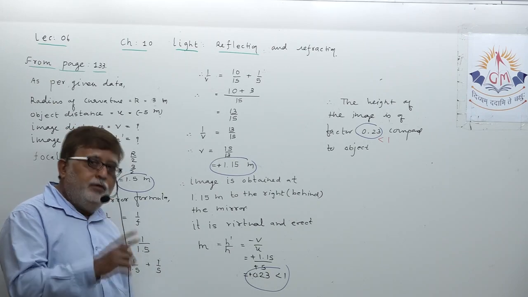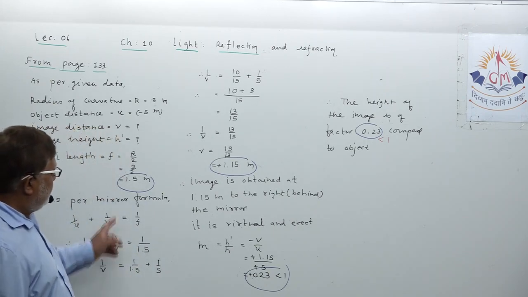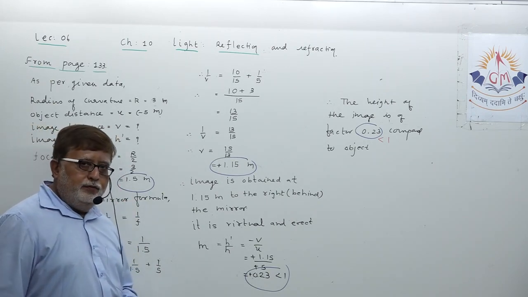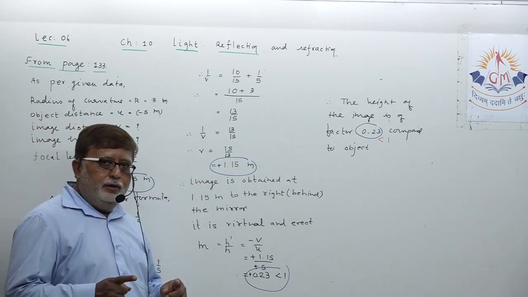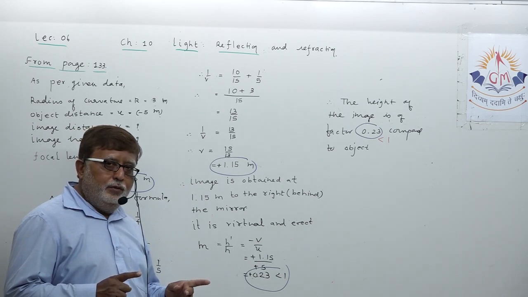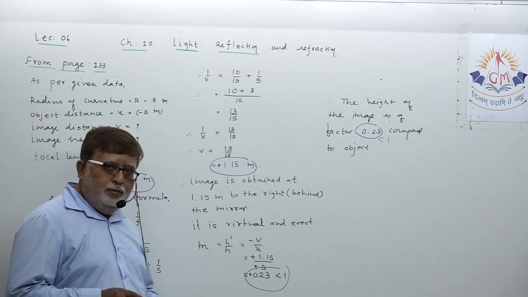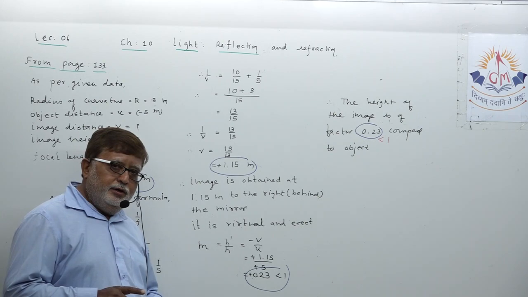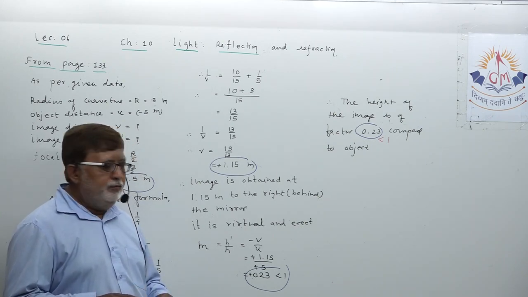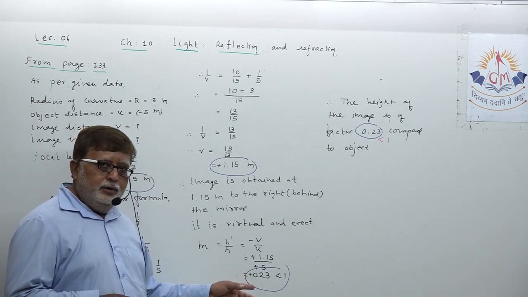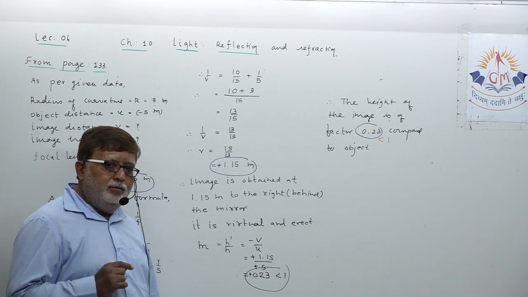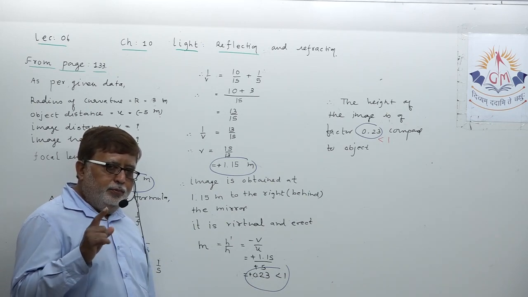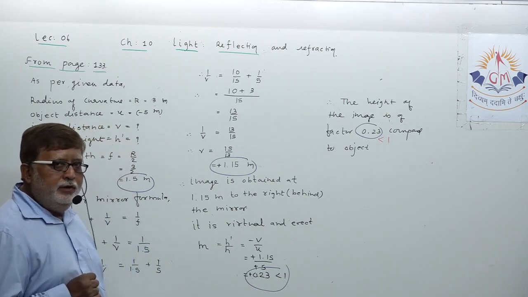As far as concave mirror is concerned, f negative, that you all know, v can be negative or positive, m can be negative or positive, m can be less than 1 or greater than 1, because by concave mirror you are obtaining how many types of image?